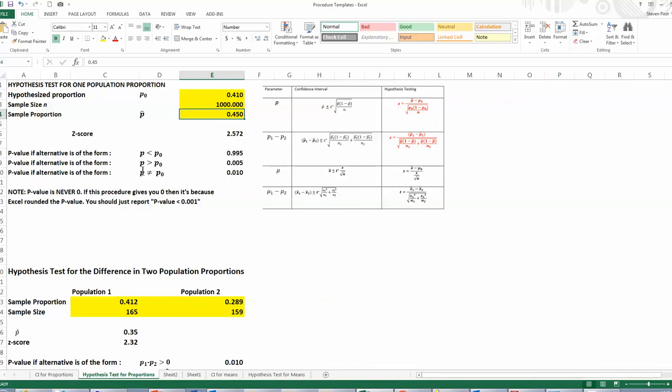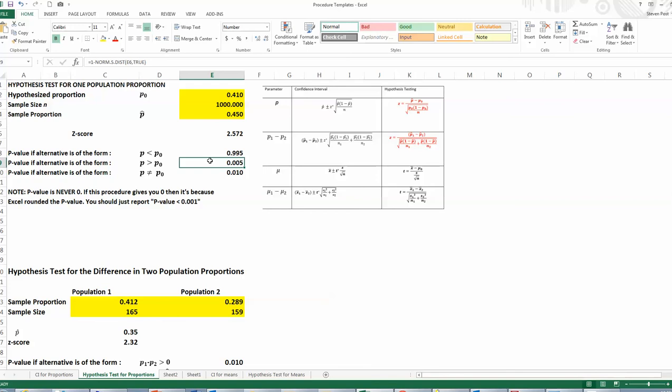And our alternative hypothesis was of the form proportion is greater than 0.41. So that's this one. And there's our 0.005. So here we see that Excel takes the number crunching pain away for us and gives us the p-value, the probability that we would get data like we got, without much trouble.